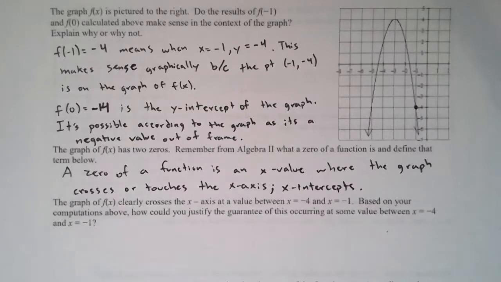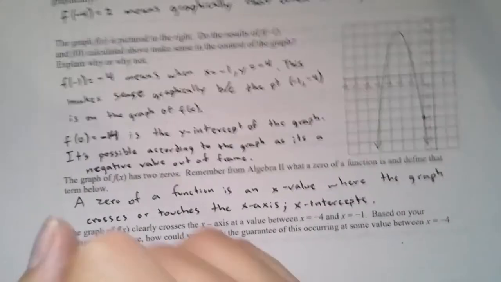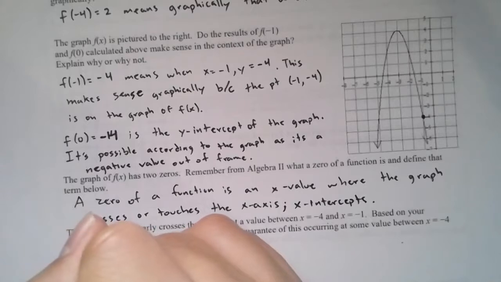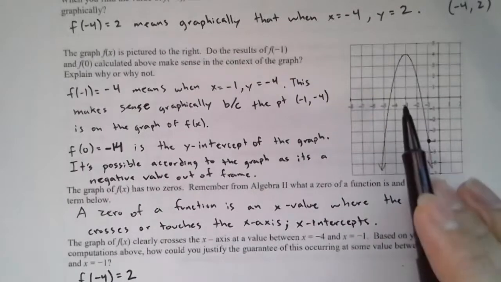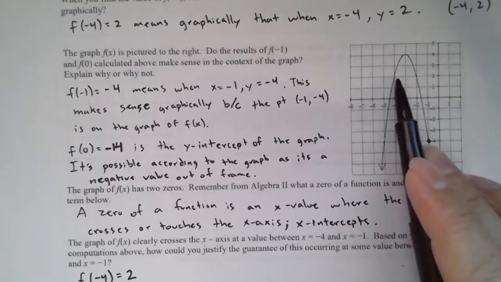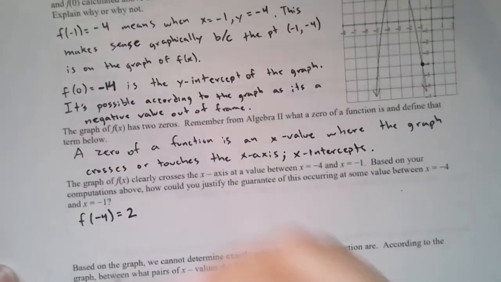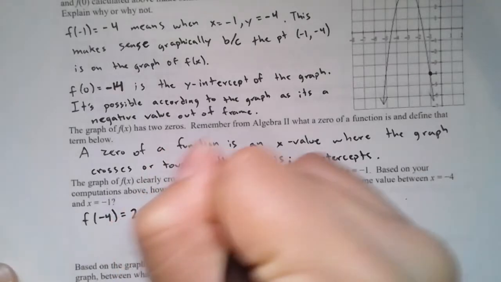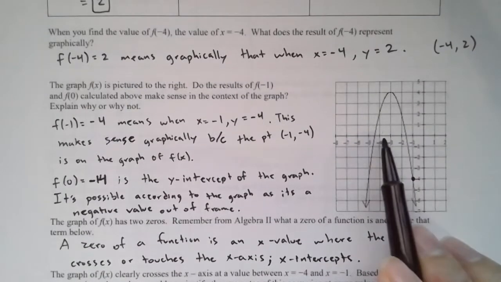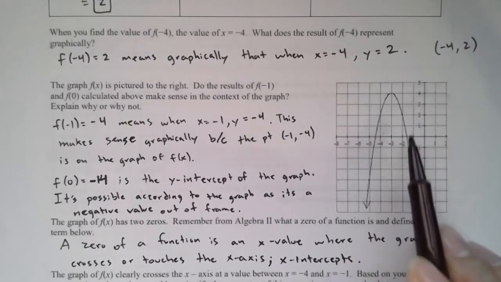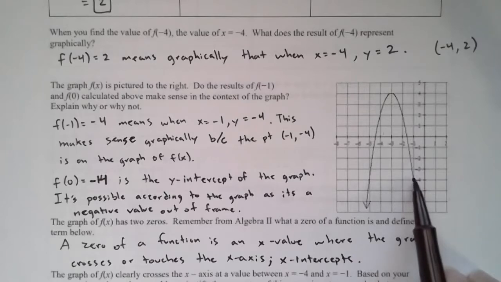We have f of -4 is equal to 2, and f of -1 we got -4. So again, at -4 we got 2, at -1 we got -4.